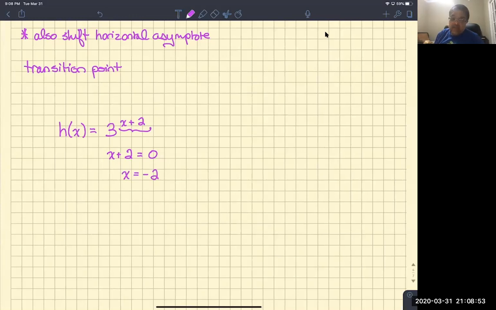So the transition point occurs when x is -2. Now to find the actual point, you plug -2 into the equation. So for this graph, the transition point will be at (-2, 1).